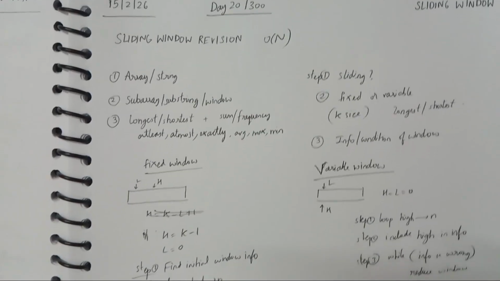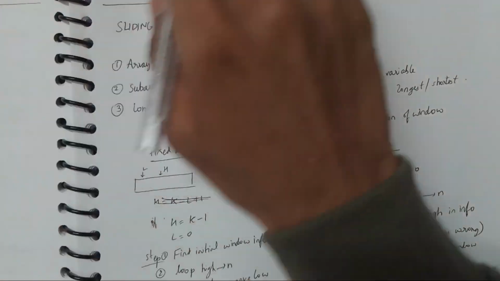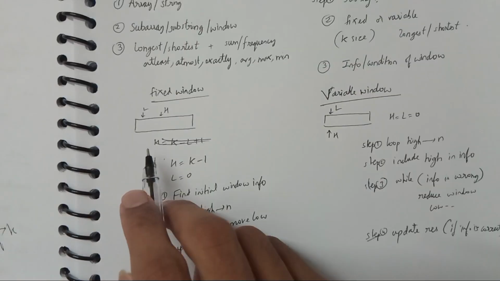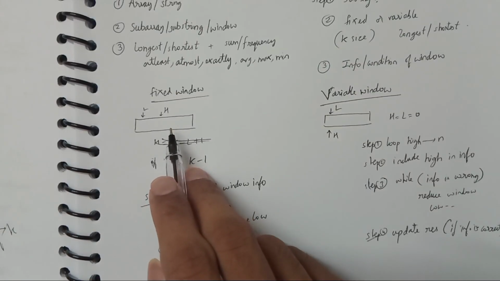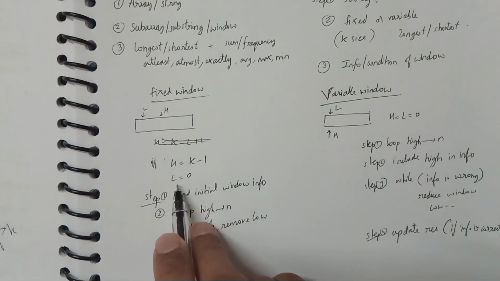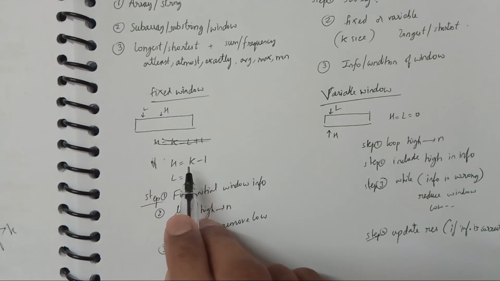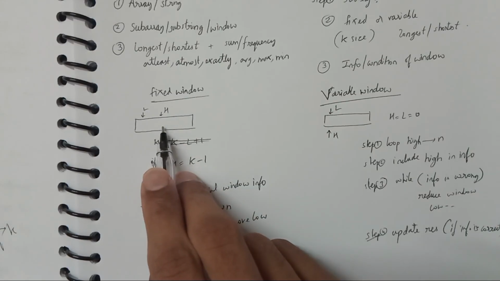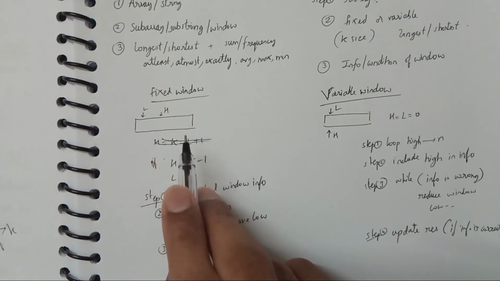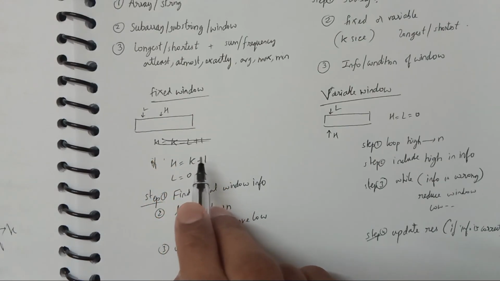And if we check the pattern for fixed window, first we initialize low and high pointers for the window size. Low will start from 0 and high will start from k minus 1. So if k is equal to 4, then 0, 1, 2, 3. So 4 minus 1 is 3.